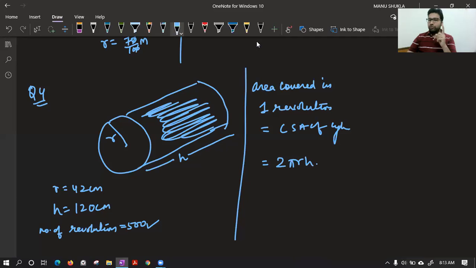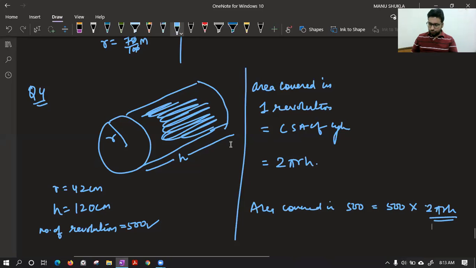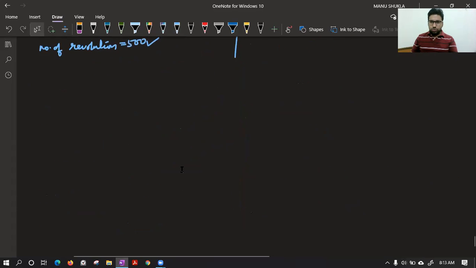After finding the area covered in one revolution, you can easily find the area covered in 500 revolutions, which is 500 into what you have found above, the area covered in one revolution. That will give you the answer for the complete field. Yes, class, is it clear to everyone, this question? Is it fine? Okay.